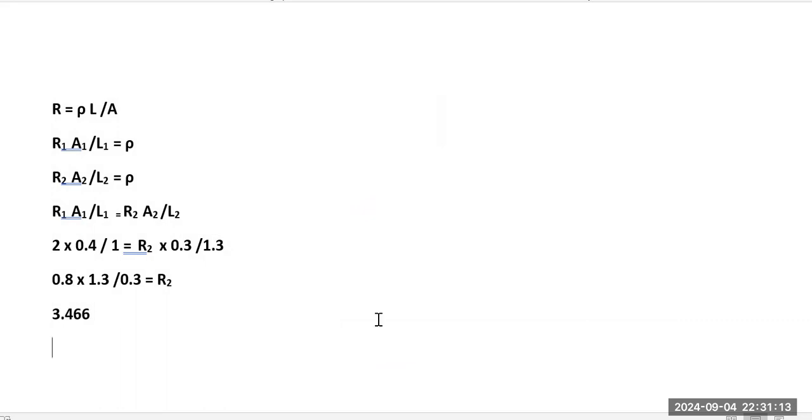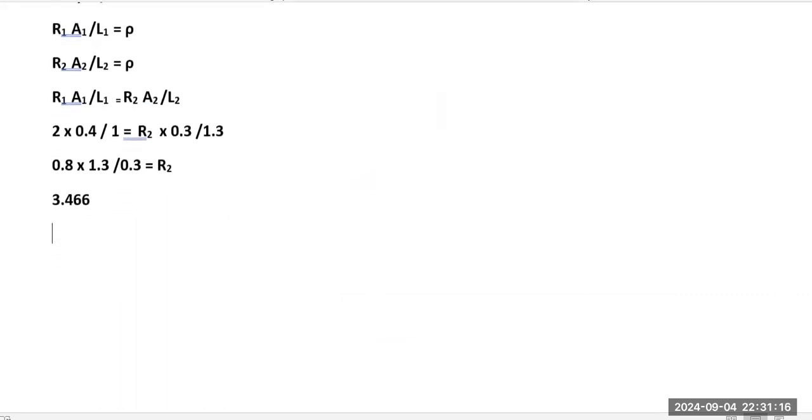Okay, second question is, so the formula is V1 divided by V2 is equal to R1 divided by R2.